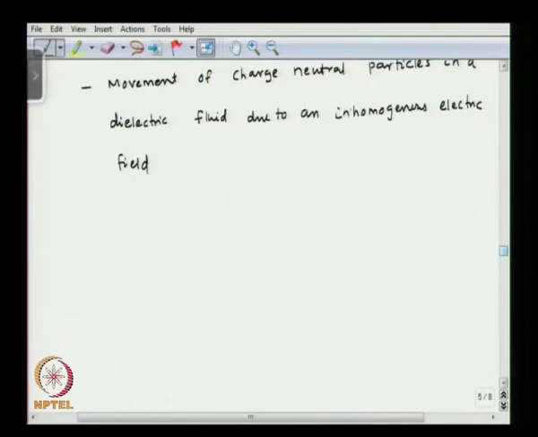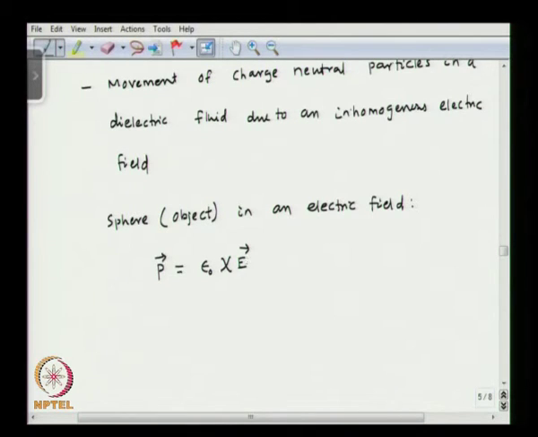So, here we can write, if we have a sphere or any object in an electric field, then we would induce polarization in that object. So, the polarization is given by epsilon 0 into psi into electric field. This we had looked at when we talked about electrohydrodynamics.